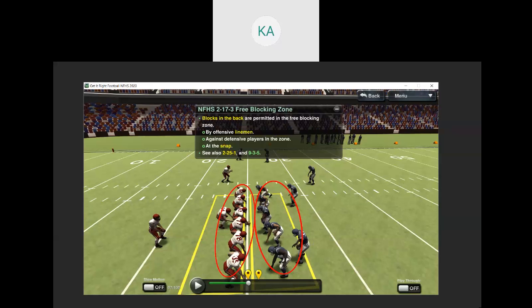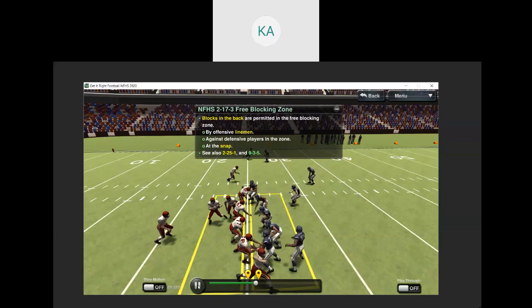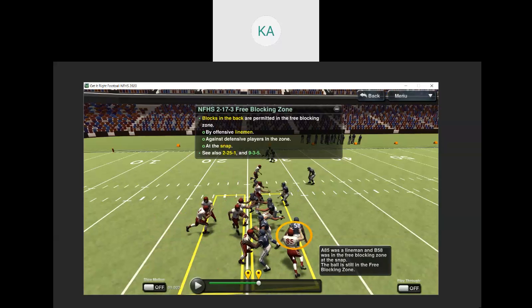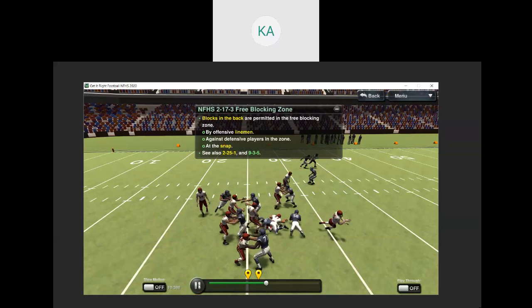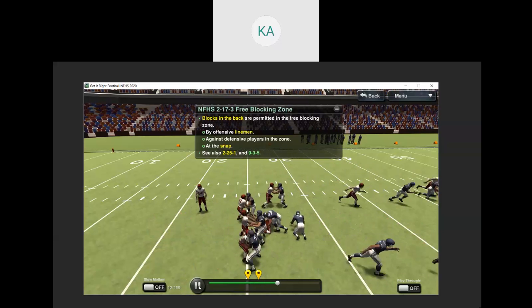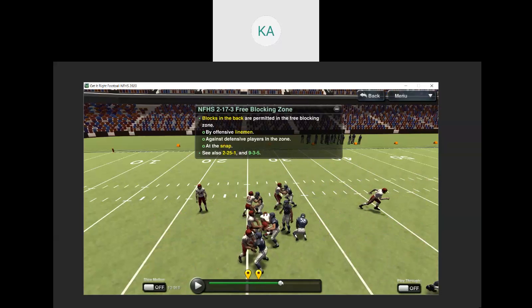But because the tight end is indeed on the line, definitely a lineman right there, breaking the plane of the snapper, and this guy here is inside that free blocking zone. Again, any part of his body in the free blocking zone at the time of the snap. So here comes that white 85 going after blue 58, shoves him down, and the run goes through.